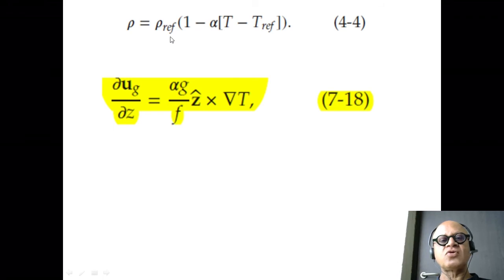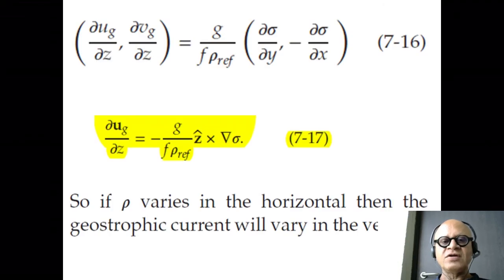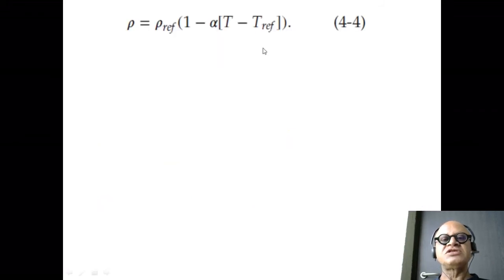So rho becomes rho ref times 1 minus alpha (T minus T ref). And we can just go back to our u_g, v_g equations in terms of dp/dx and dp/dy, or don't go back that far, just go here and replace sigma as a function of temperature in this sense.